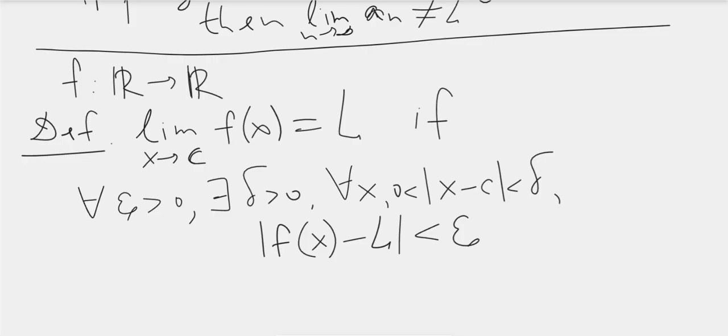And again, this definition basically means that we can make the difference between f(x) and L as small as we need to, smaller than a chosen in advance epsilon, by making the argument x close to c.